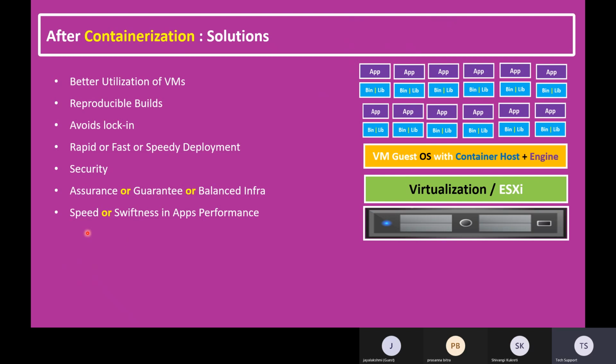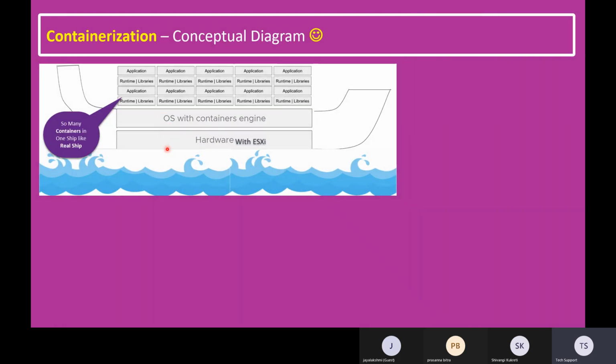Now we'll talk about a conceptual diagram. Let's say here I took the example of one virtual machine with multiple applications on top of it. Suppose you have multiple virtual machines, with the ESXi host hardware, the ESXi and OS with container engines, and then you configure so many containers, not limited to one container, but multiple containers.